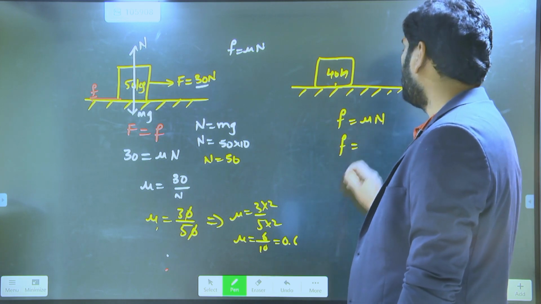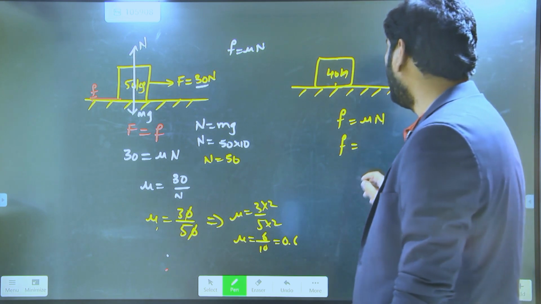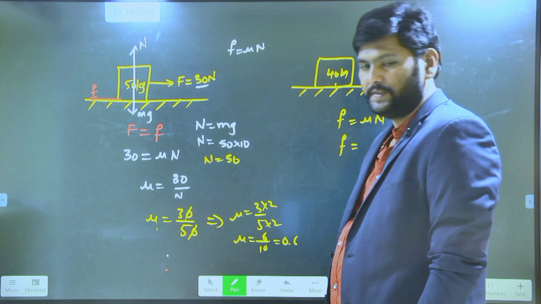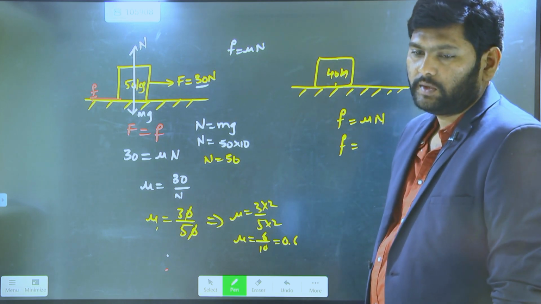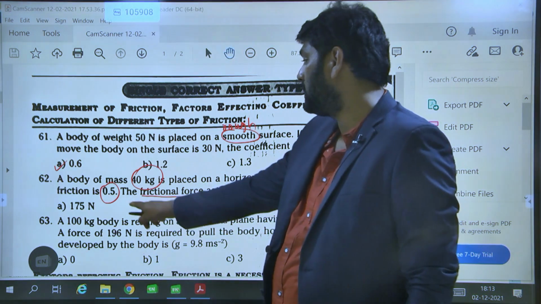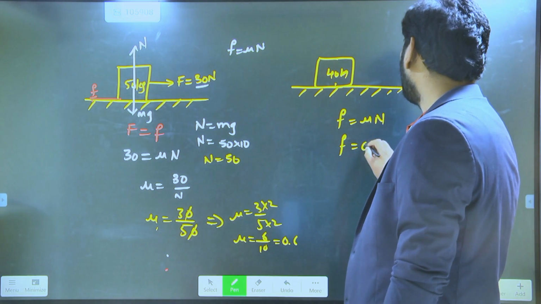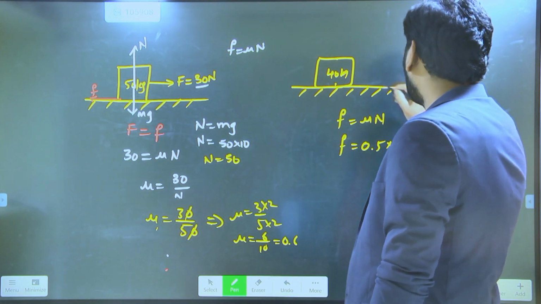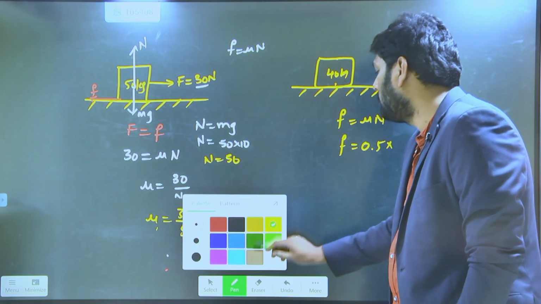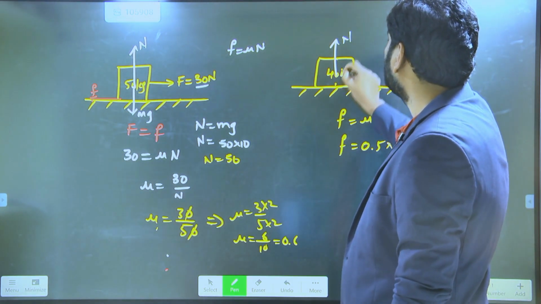F is equal to, what is the mu value? Coefficient of friction, 0.5. How do you find the N value? This is acting in this direction.